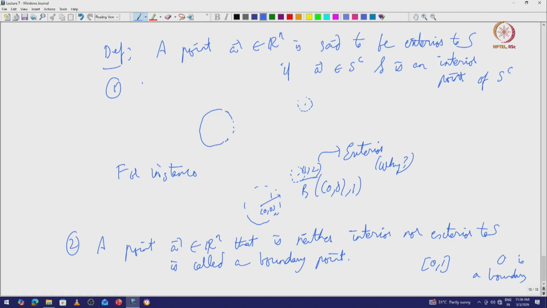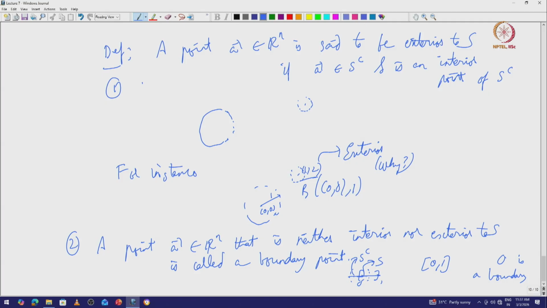If I take any open interval around 0, it contains points where x is less than 0, in other words points from the exterior of S, and points where x is larger than 0, those are points in the interior of S. Whether they are interior or exterior doesn't matter.